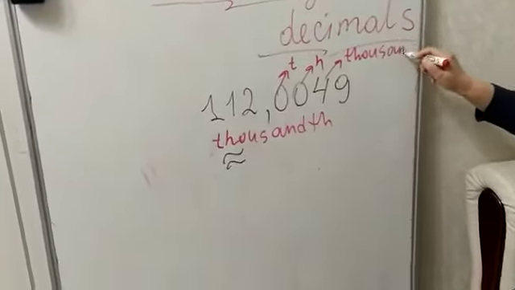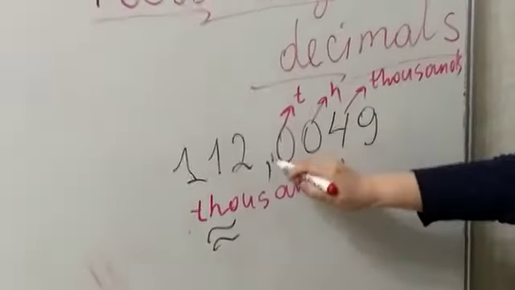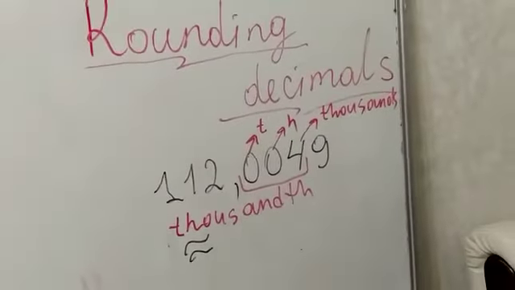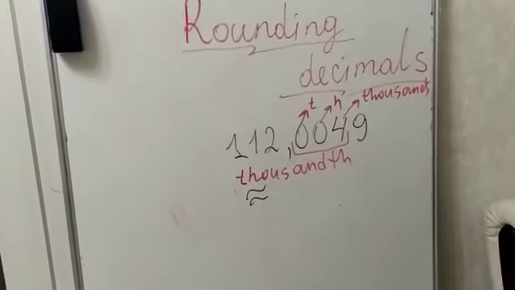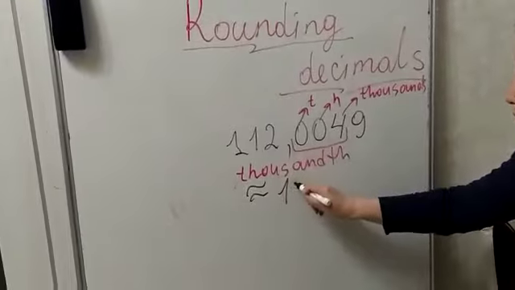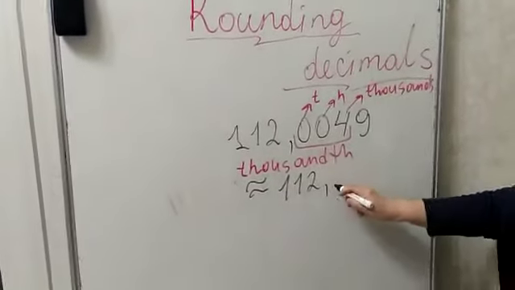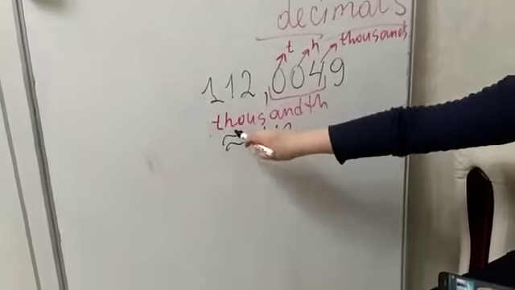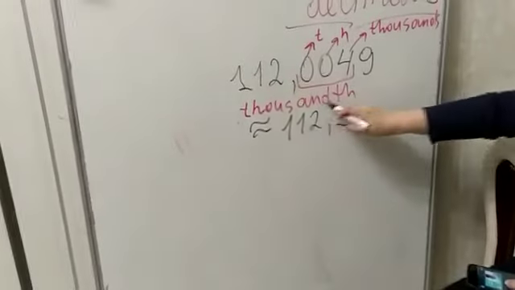So we need to write after the point only 3 numbers, because we are rounding to the thousandths.